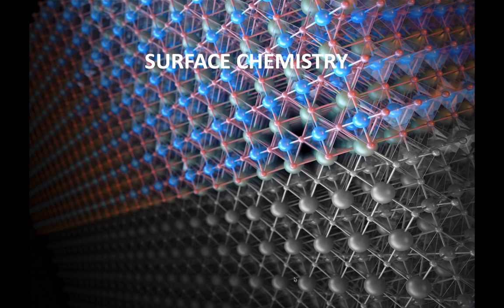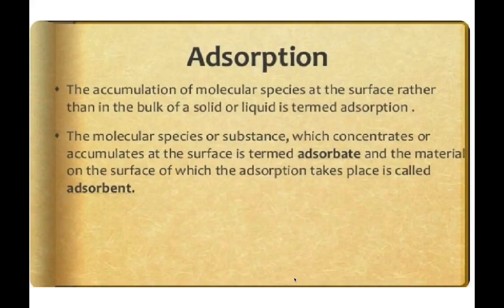Here, what we are going to study are the important features of surface chemistry like adsorption, catalysis, colloids, etc. So first we are going to start with adsorption. What is adsorption? As we already saw, molecular species can accumulate at the surface rather than in the bulk of the solid or liquid.